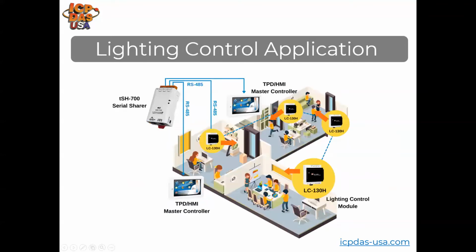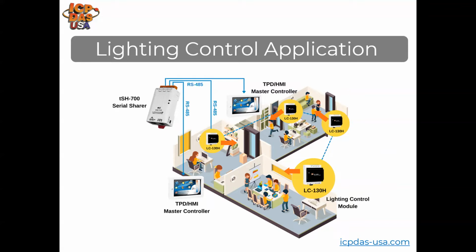The TSH 700 PoE serial port sharing devices are being used in a lot of lighting control applications. This application example highlights two touchpads, TPD 703 7-inch Modbus-based touchscreen controllers. They're running programs in ladder logic, and these are configured as masters.